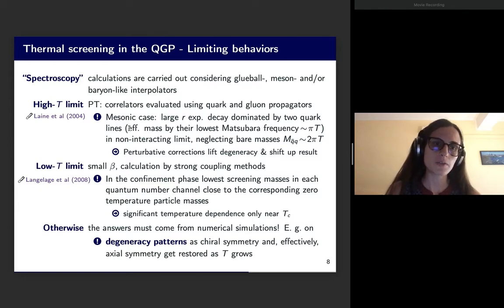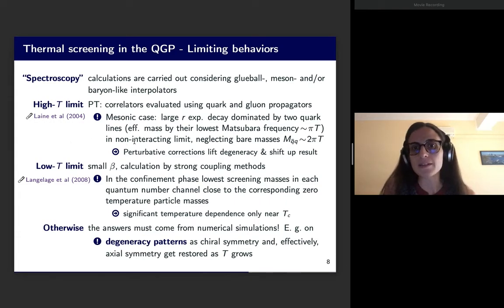And what we learn about the mesonic state, if we do that, is that the large distance exponential decay is dominated by two quark lines, whose effective mass is given by the lowest Matsubara frequency that goes like pi T. And in the non-interacting limit and neglecting bare quark masses, then we have a parametric behavior such as 2 pi times T. These, of course, at leading order. And then perturbative corrections lift the degeneracy and shift up this result, which you can read about in this paper.